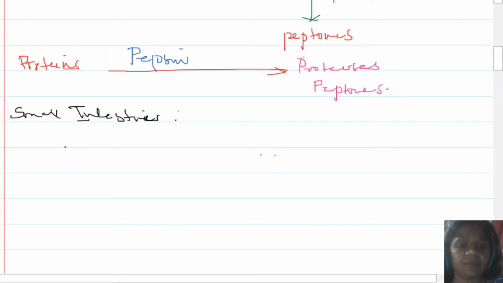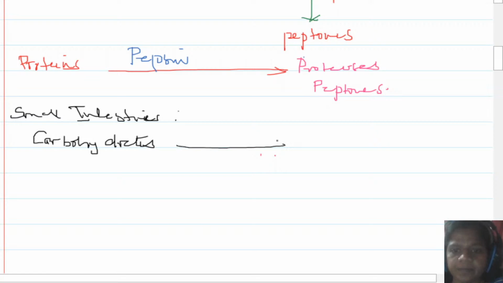What are the three main components of the food we eat? Carbohydrates, proteins, and fats, right? So let's take carbs first. Now these carbohydrates are acted upon by pancreatic amylase, and they are converted to disaccharides.